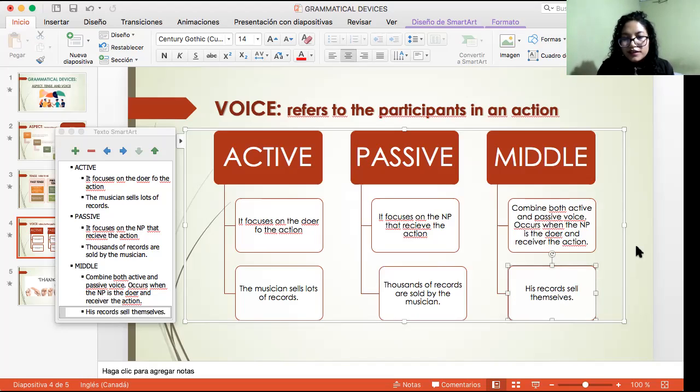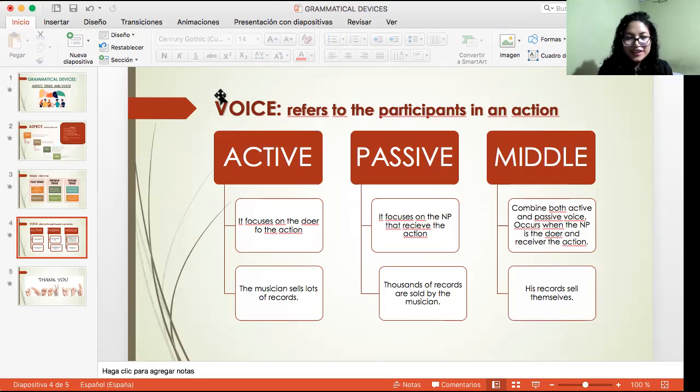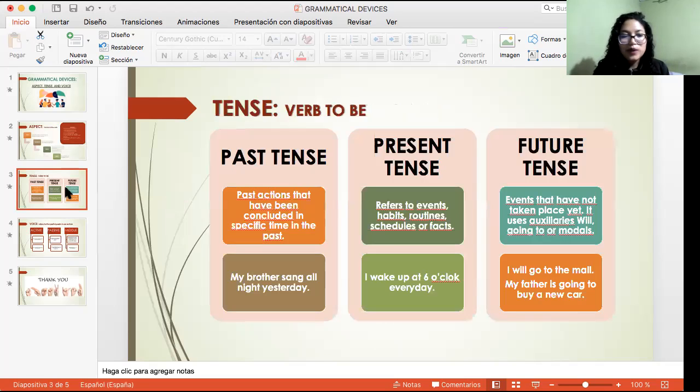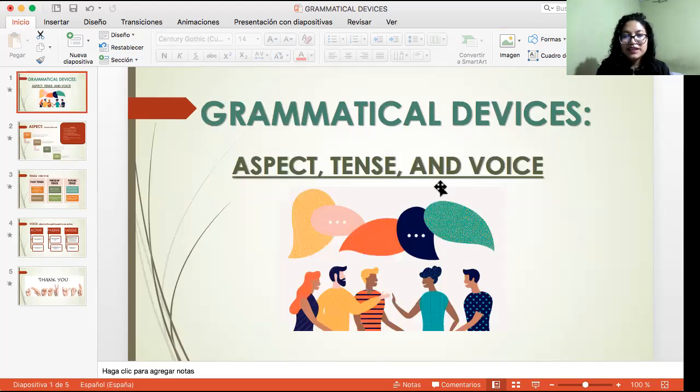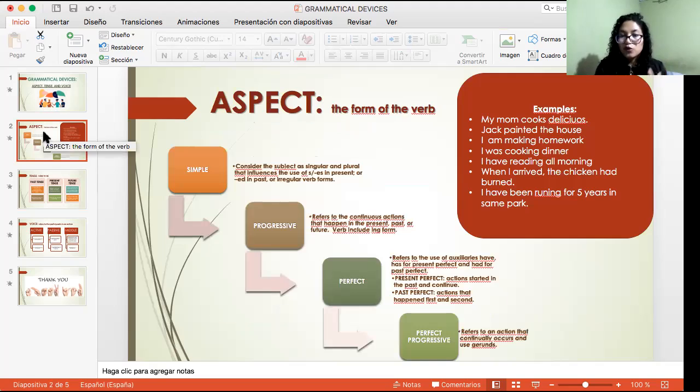That is the difference that we can see in the grammatical devices. The aspect refers to the form of the verb according to the constructions that we are using. Maybe we need to add the s, ed, or ing form, or auxiliaries like have, had.